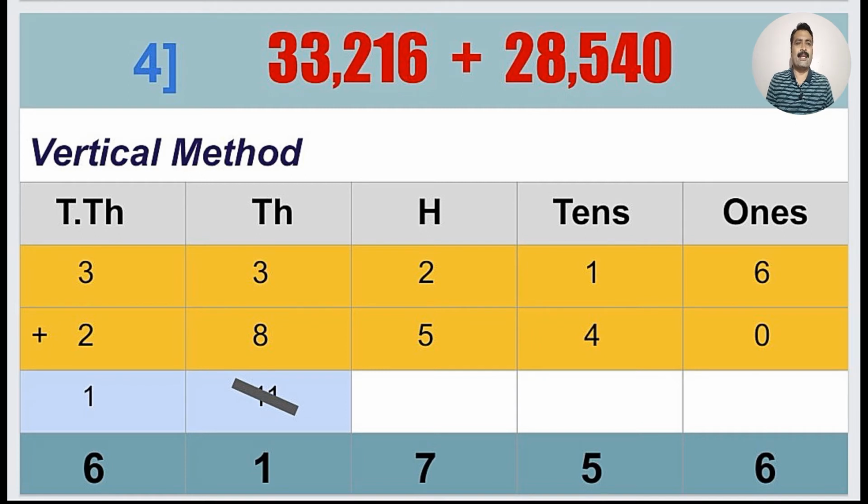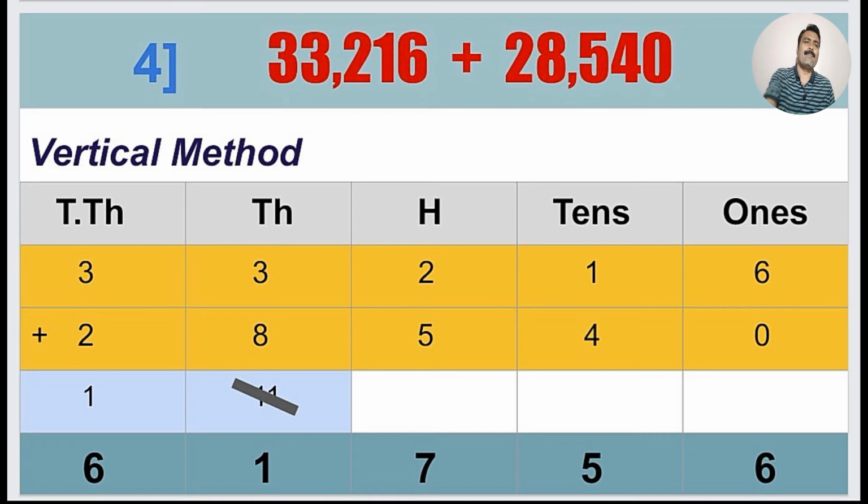While arranging the second number, 2 we arrange below 3 in the 10,000 column. 8 we arrange below 3 in the thousands column. 5 we arrange below 2 in the hundreds column. 4 we arrange in the tens column, below 1, and 0 we arrange below 6 in the ones column. After arranging these given numbers in the vertical method, now we are going to start addition from the ones column.